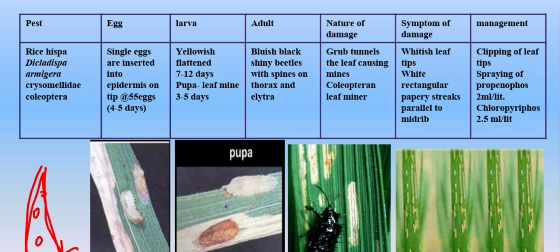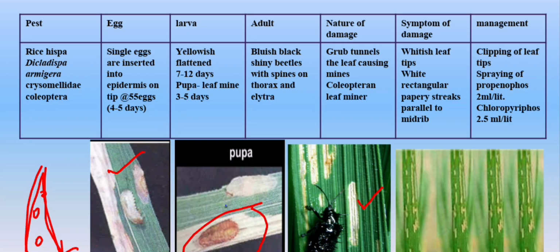Here you can see the grub is light yellowish and flattened, and the grub duration is 7 to 12 days. And you can see this is the pupa, and pupation will occur within the leaf mine, and the pupal period is 3 to 5 days. And the adult, here you can see, is a shiny beetle.